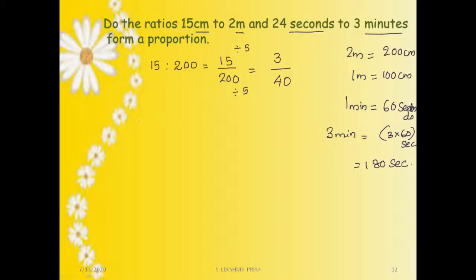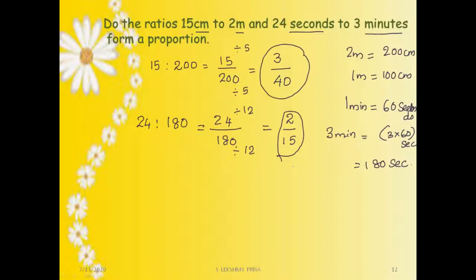So let's find the ratio between 24 and 180. Let's write in the form of a fraction 24 upon 180. Which is the common factor between numerator and denominator? It is 12. When you divide by 12 on both sides, it will be 2 upon 15.